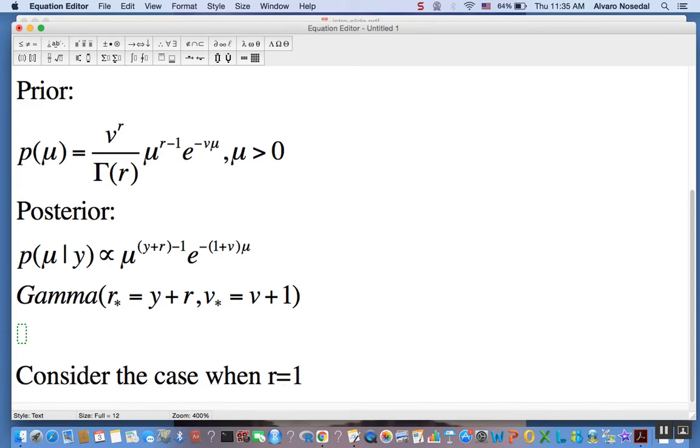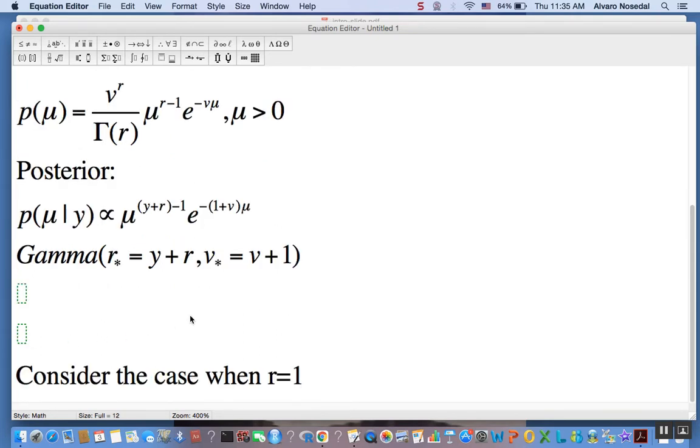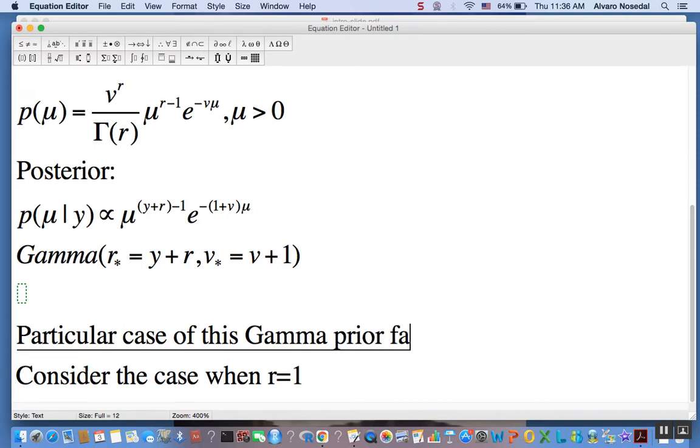And again, we are talking about a particular case of this gamma prior family.